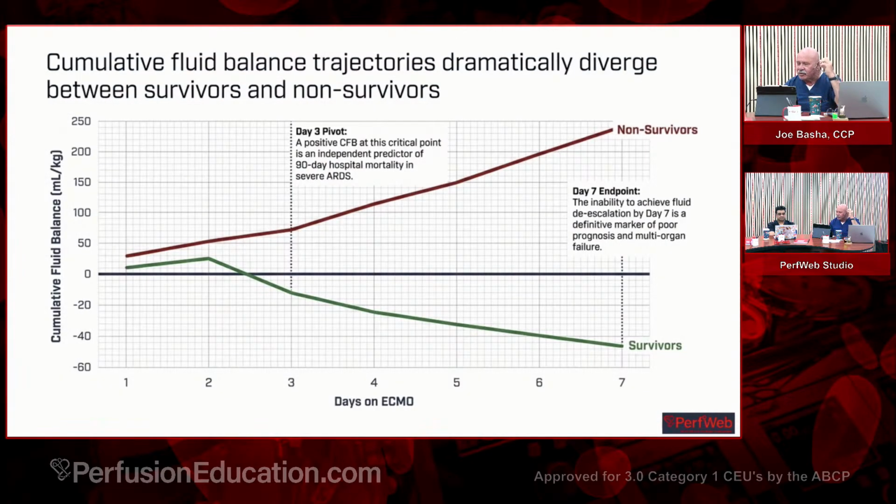Cumulative fluid balance trajectories dramatically diverge between survivors and non-survivors. You can say which came first, the chicken or the egg, but I think it's pretty obvious that if you're not managing the patient well enough to prevent this fluid overload, you continue to gain fluid balance, and you become a non-survivor versus a survivor.